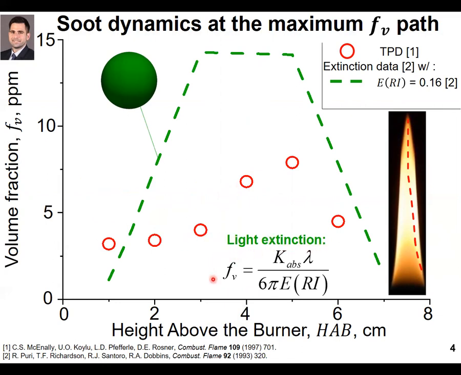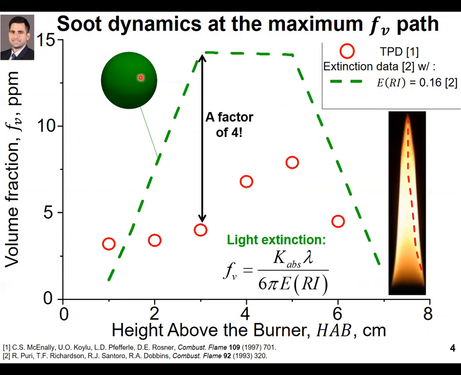Here, the soot volume fraction is obtained based on the measured absorption coefficient, but also based on the assumed absorption function of soot that depends on its morphology and composition and evolves as we go up in the flame. However, the soot volume fraction is commonly obtained using light extinction data, assuming a constant absorption function that has been derived for spheres.